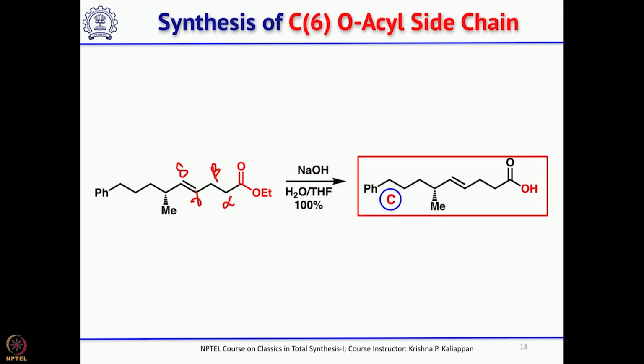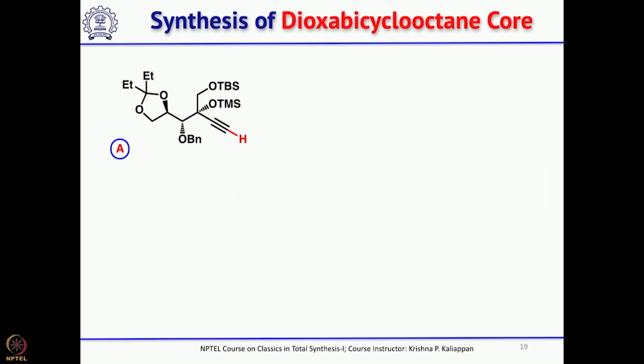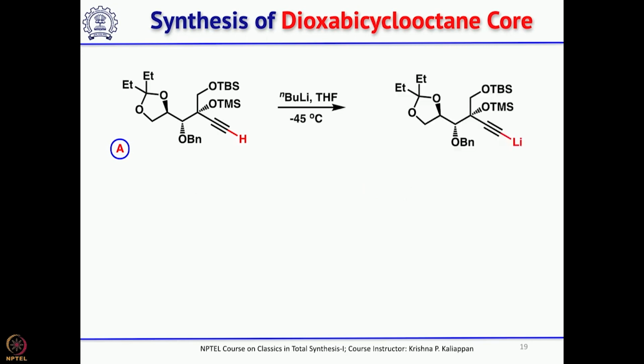Then simply you do the hydrolysis and get the carboxylic acid. So now you can see the 3 fragments A, B and C are ready. How are these 3 fragments combined to complete the total synthesis of Zaragozic acid C? So you start from fragment A, and this fragment A, upon treatment with butyllithium, obviously this is the most acidic proton.